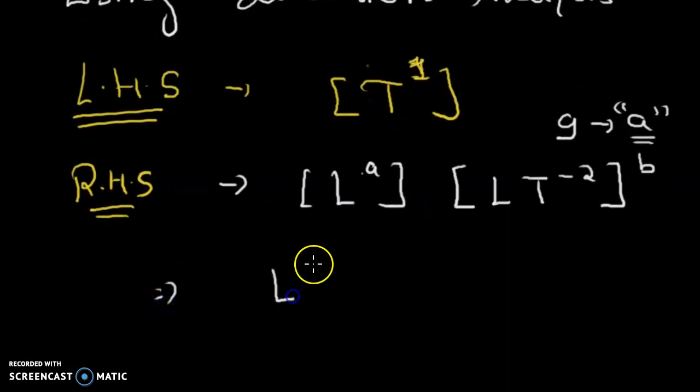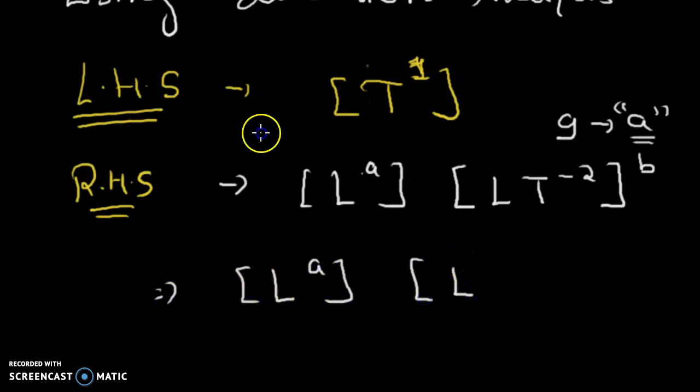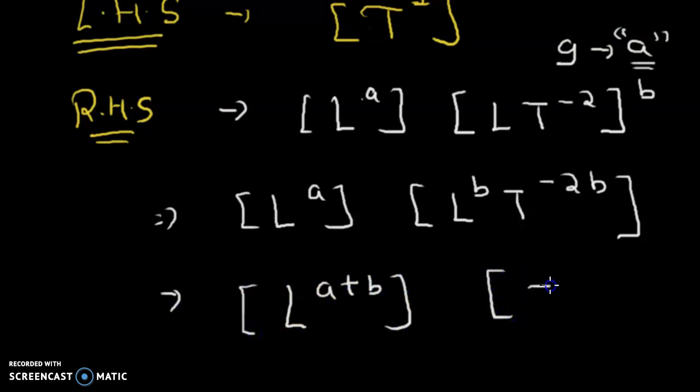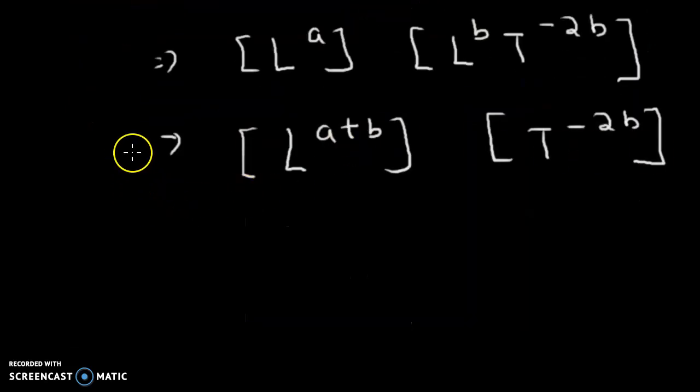So L to the power a and L to the power b, T to the power minus 2b. Just see the calculation: L to the power a plus b and T to the power minus 2b. Now let's equate the right hand side and left hand side, because the dimensional formula on both sides has to be equal.